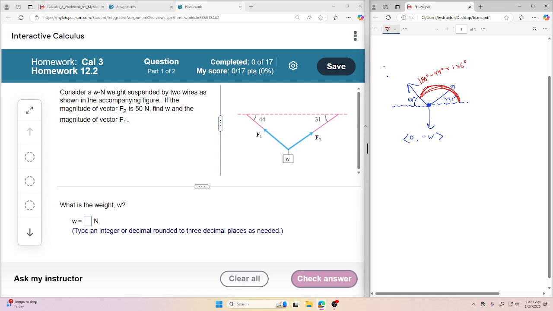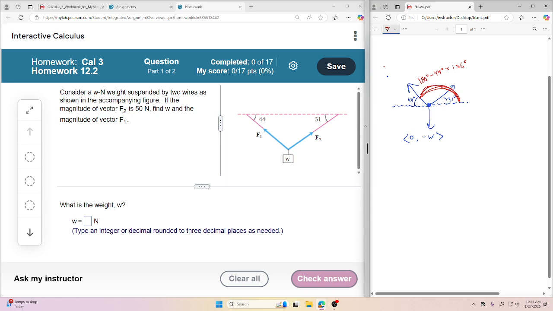So 136. I wanted to get the angle from 0, right? Unit circle stuff, and that way I can do this problem a lot easier. So to get this angle over here, it's F1, and they said they don't give me F1. Okay, that's fine.